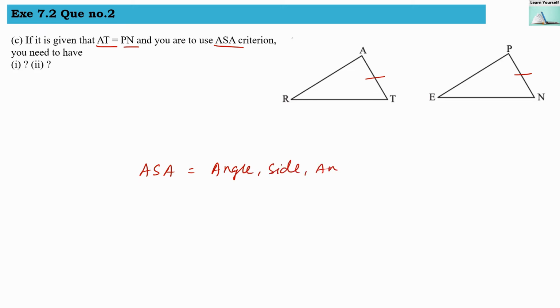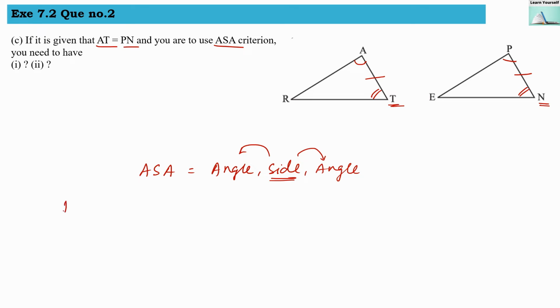So two of the angles are congruent and one of the sides is congruent in these two triangles, but the side has to be sandwiched between two angles. So if this is a side, then on either side two angles should be equal. The corresponding angles should be equal like this on either side. So angle A has to be equal to angle P and angle T has to be equal to angle N.